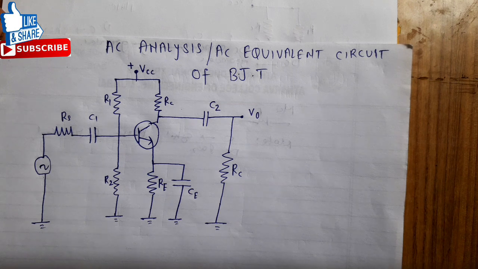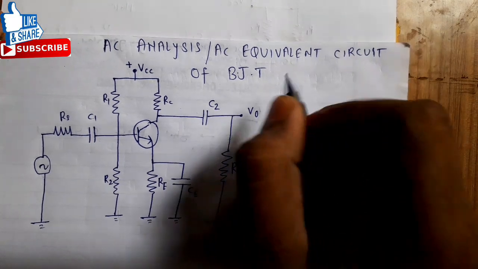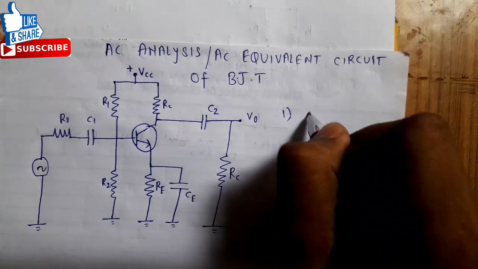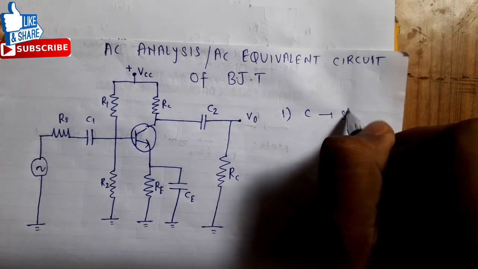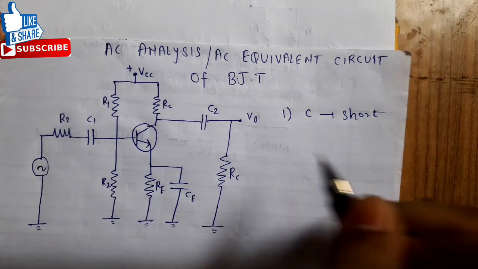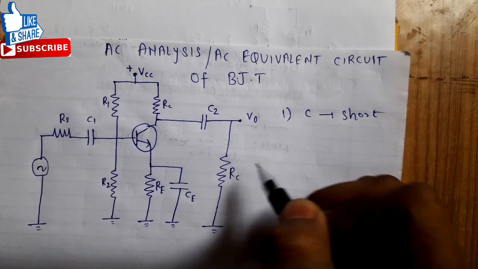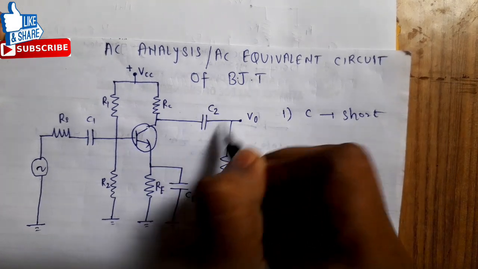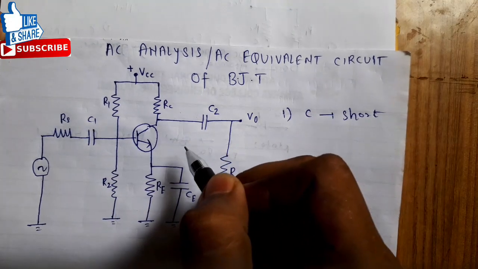So for doing AC analysis, you need to keep 3 points in your mind. The very first is that all the capacitors in the circuit act as short circuits. Remember, in case of DC analysis, we treated them as open circuits, that is, we removed the capacitors from the circuit directly.